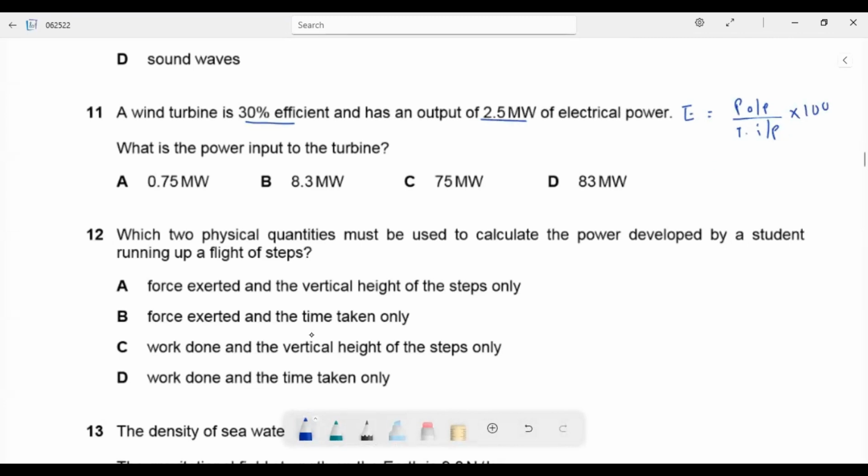So we need to find the power input. So total input power can be written as power output by efficiency into 100. That is, power output is 2.5 megawatt.